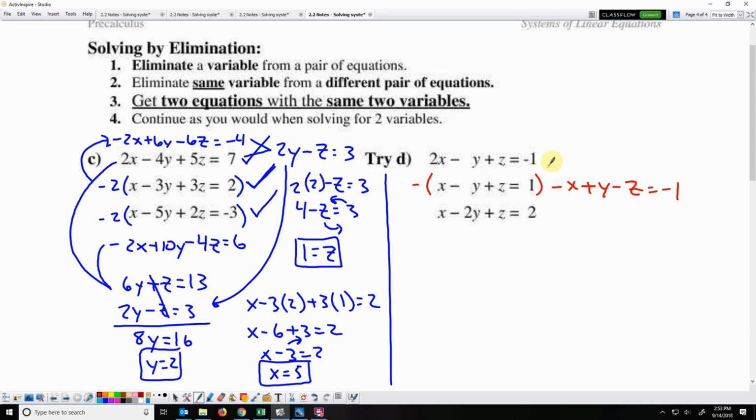And I'm going to combine that with the top equation. 2x minus x is x. Negative y plus y, oh, the y's actually just canceled. z minus z, the z's also canceled. And negative 1 plus negative 1 is negative 2. So in trying to cancel the z's, I actually ended up canceling the y's and the z's.